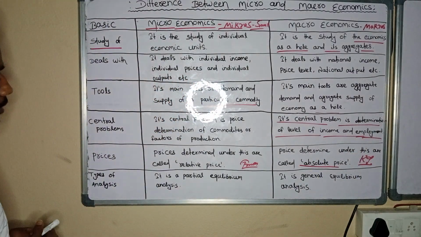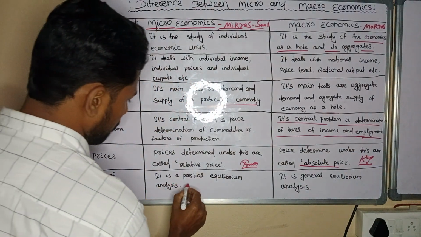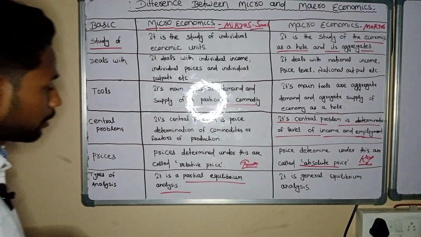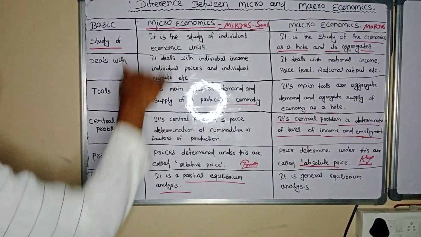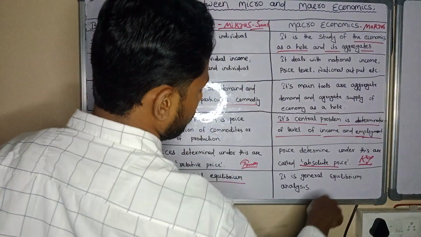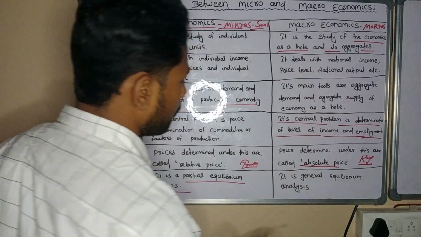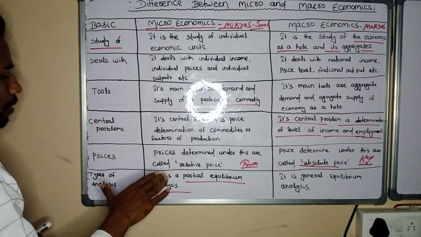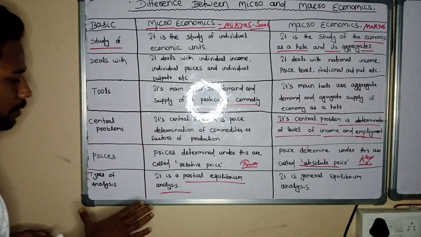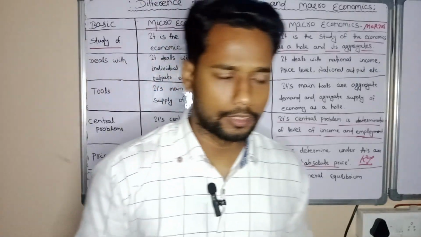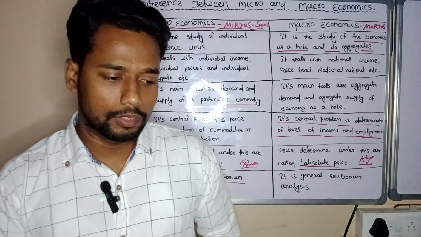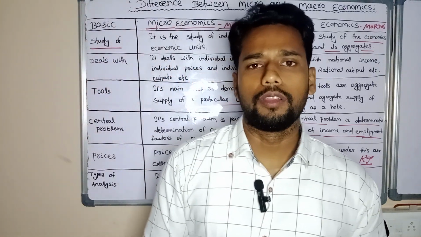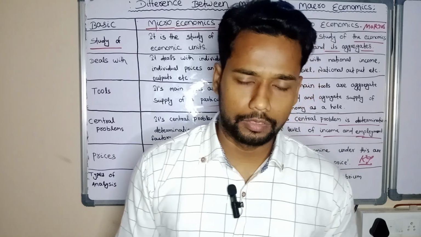Again, the type of analysis. Microeconomics is partial equilibrium analysis, and macroeconomics is general equilibrium analysis. So what is equilibrium analysis? In microeconomics, you have a given income and you have to maximize your satisfaction.